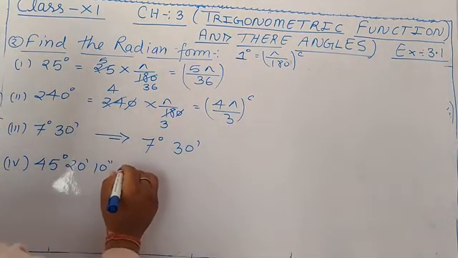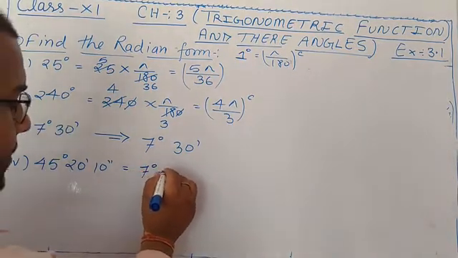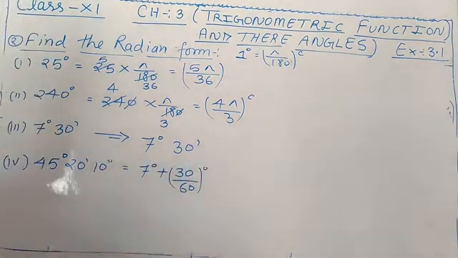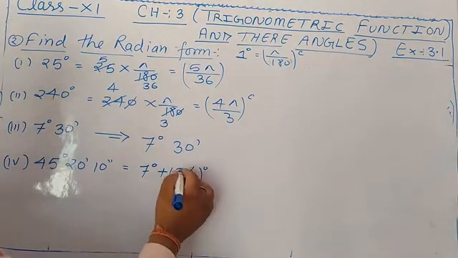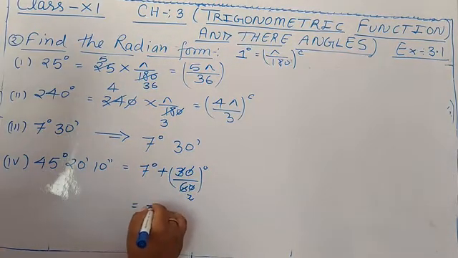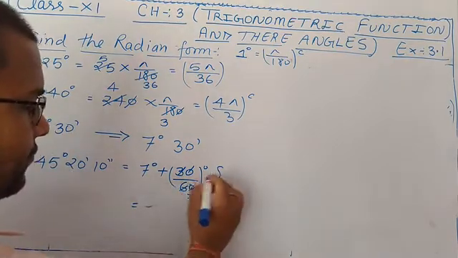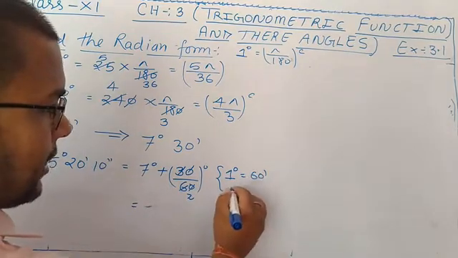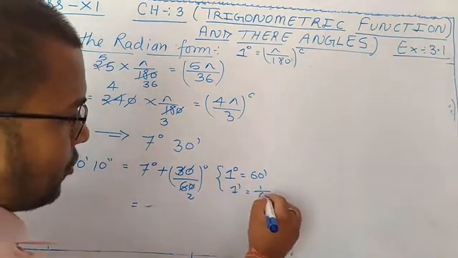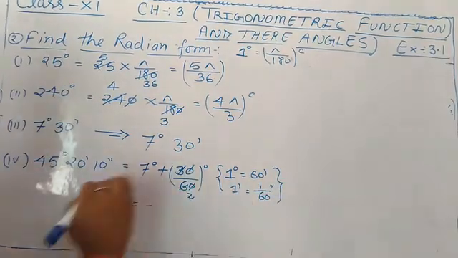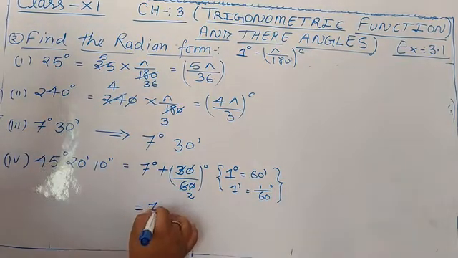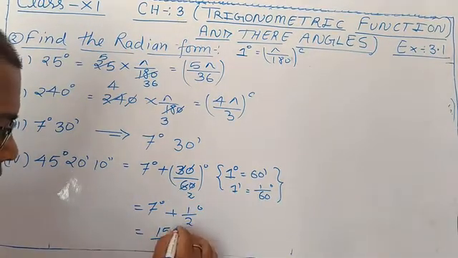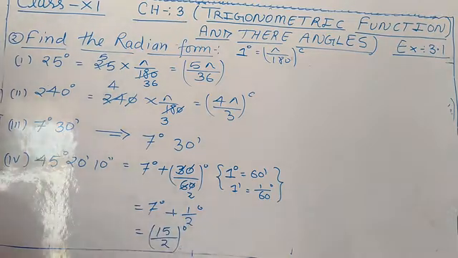So first of all, student, write them. 7 degree plus 30 upon 60 degree. 0 0 cancel. 3 2s are 6, because 1 degree is equal to 60 minute, then 1 minute is equal to 1 upon 60 degree. Applying this, 7 degree plus 1 by 2 degree is also equal to 15 by 2 degree. Convert to the radian form.